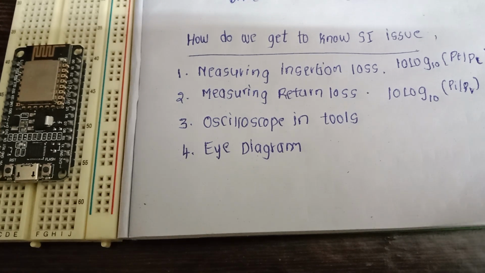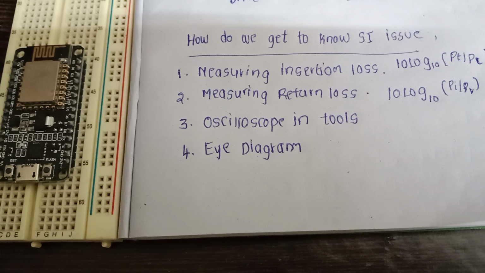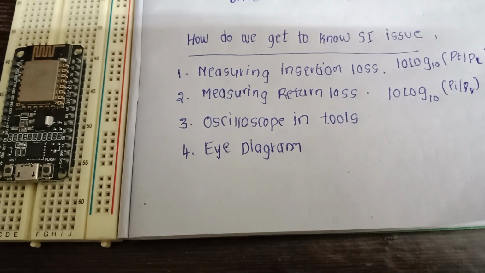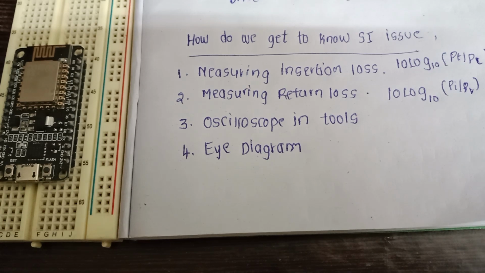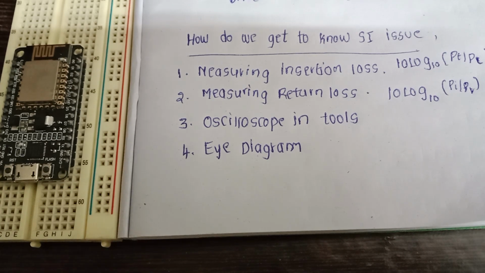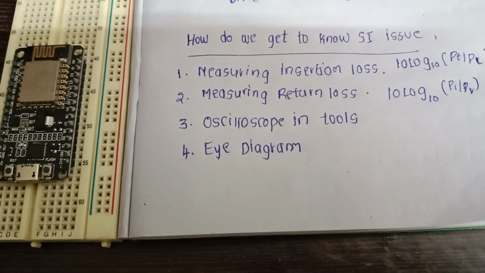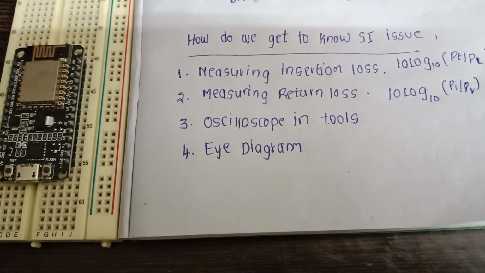For now, remember that the eye diagram is something which shows you the exact performance of the channel. To put it in very simple terms, the eye diagram is formed by superimposing a number of signals transmitted for a specific period of time, and those superimposed signals look like an eye.